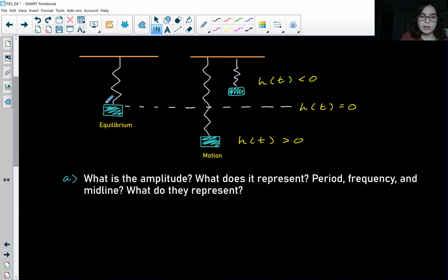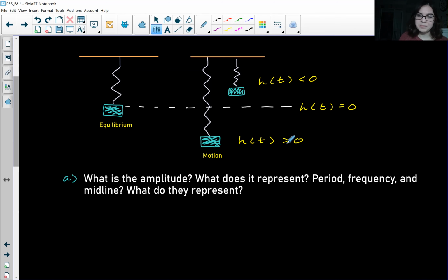So when the spring is not moving, our mass is at equilibrium. It's just kind of chilling. You can see at equilibrium, our function equals 0. And then when we stretch it out, you would have to apply a force for that, but let's just say it miraculously did this.